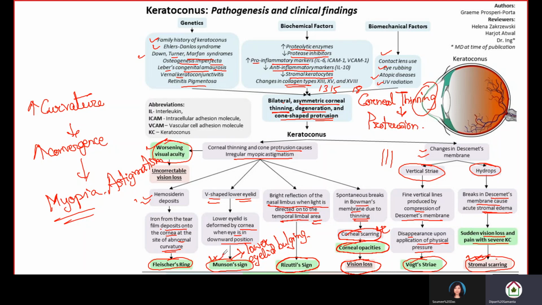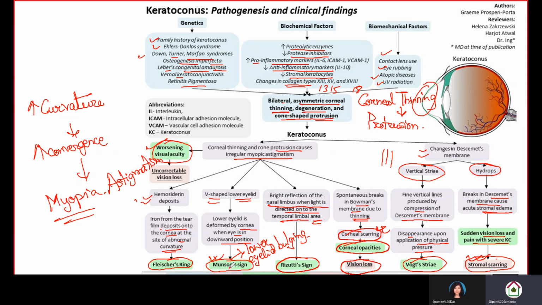Now, what is Munson sign? Very important, Munson sign. Because from the name of the sign, there is no way you can understand why it is happening. From the name, you can never understand. And questions do come, not like what is Munson sign, but Munson sign in keratoconus is characterized by like this.